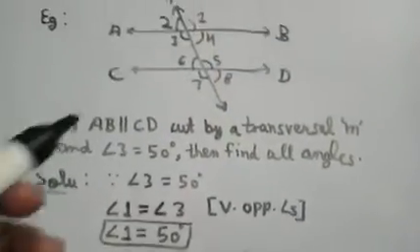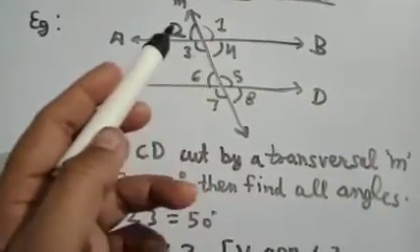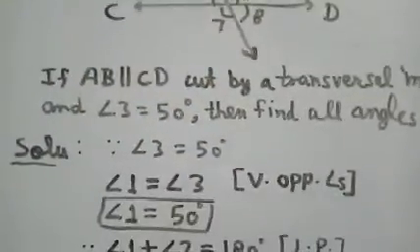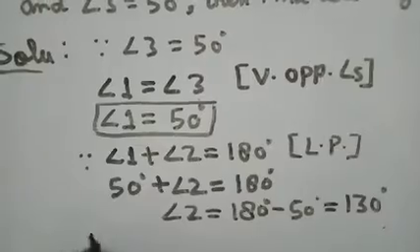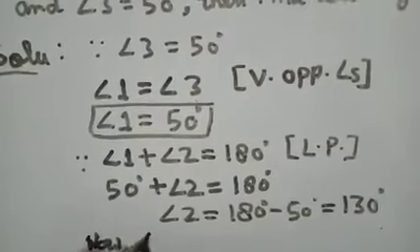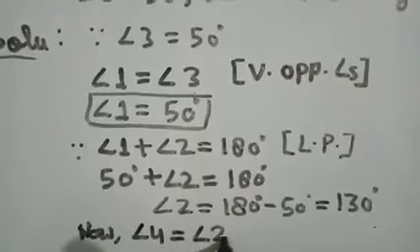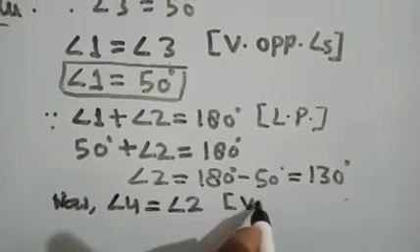Now again, if you have the value of angle 2, then what is the relation between angle 2 and 4? Again, they are vertically opposite angle. So angle 4 is equal to angle 2. Reason same, vertically opposite angle.